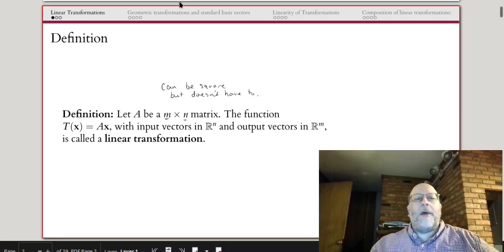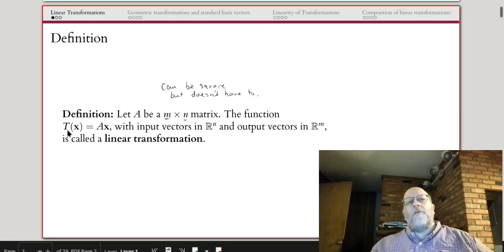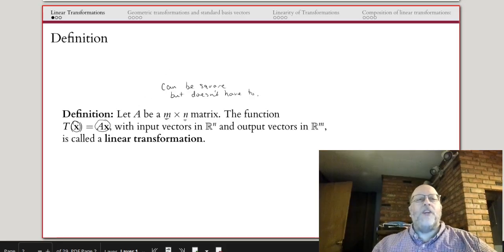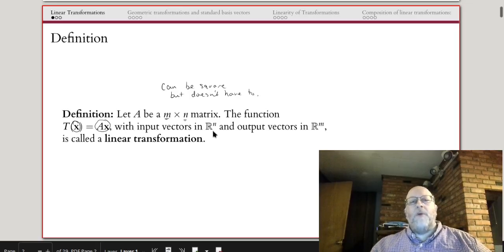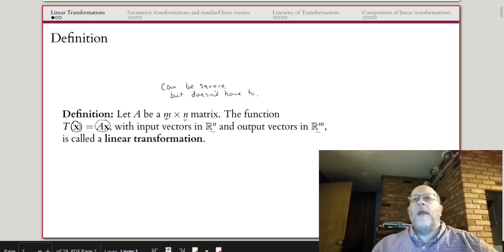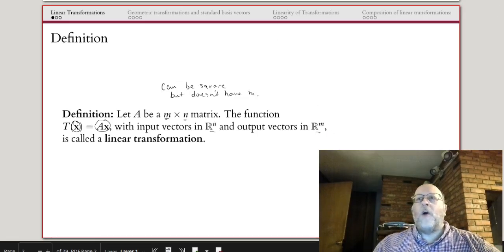Let A be an M by N matrix. We're going to define a function where we plug in X and we get out the combination A times X. This function will take input vectors from Rn and send out vectors in Rm, and we call this a linear transformation.